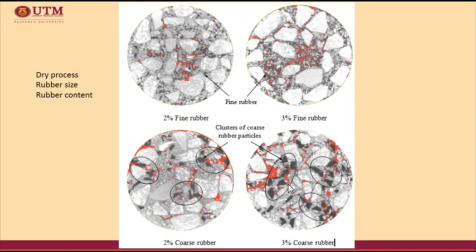The coarse rubber particles within the mastic are thought to be prevented by the surrounding aggregates from freely separating from their clusters in spite of external mechanical intervention such as mixing and compaction.